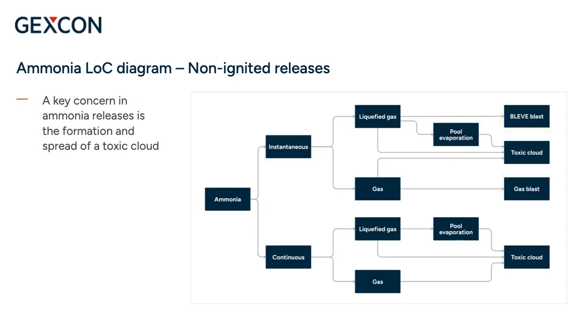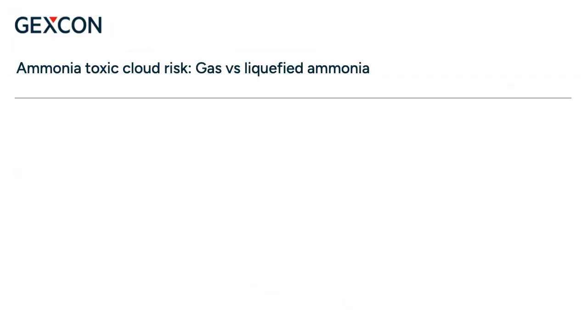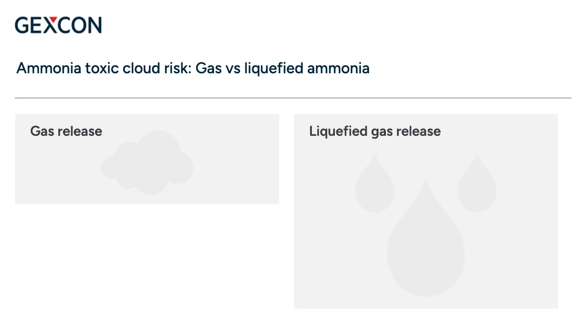Another important event to always consider during ammonia releases is the formation and dispersion of toxic cloud. Regardless of whether ammonia is released instantaneously or continuously, this toxic cloud poses a significant hazard. When ammonia is released, it is typically in its gas or liquefied gas state. When ammonia is released as a gas, it rises quickly because it's lighter than air.